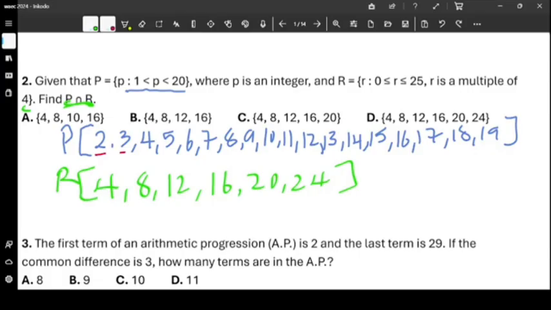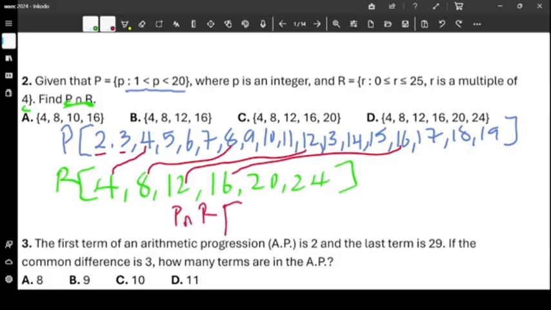So only the ones that are common, we are going to take. So we have 4, we also have 8, we have 12 common, we have 16 common. So is there any other common element? I don't think so. So it means that this P intersection R that we are told to find is 4, 8, 12, and 16, which is option B.